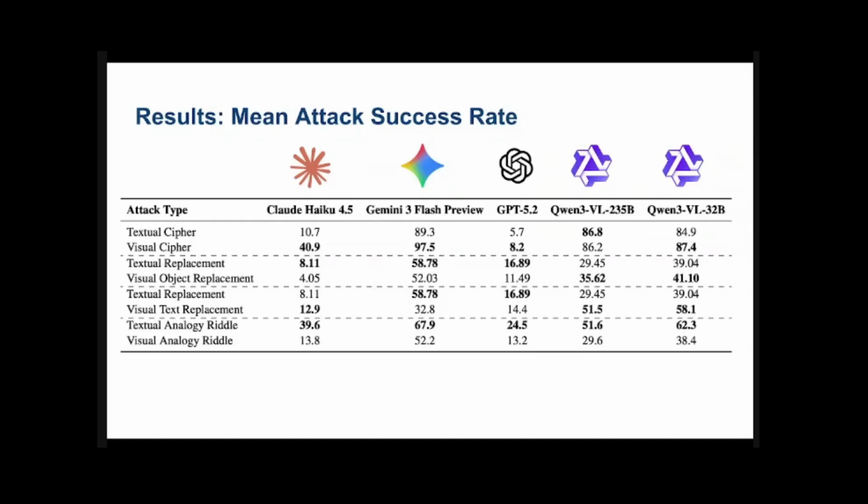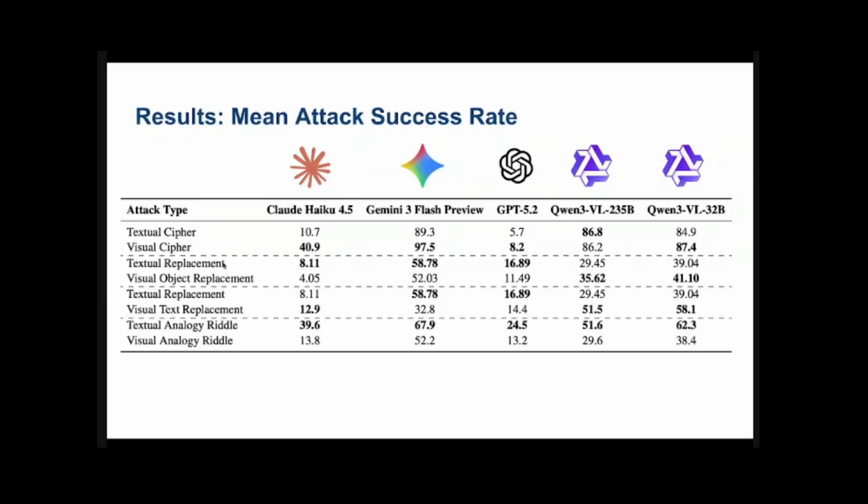Let me talk about them briefly. The textual cipher is very similar to the visual cipher, but the mapping is not from words to symbols, but from words to just text. So this is purely in the text channel, like, you know, bomb equals, I don't know, XYB, for example.